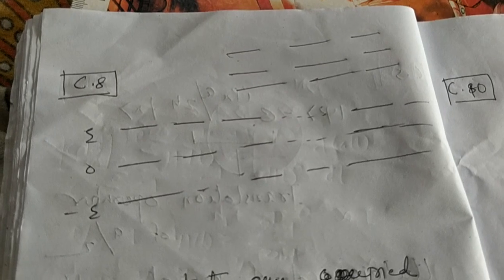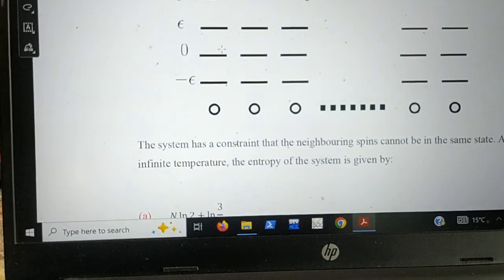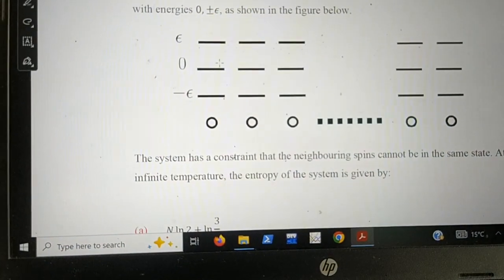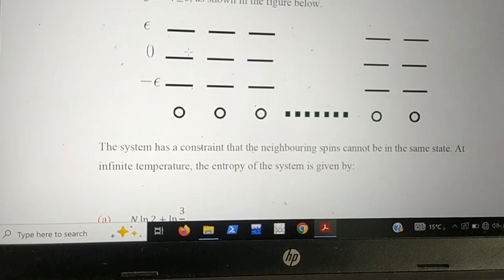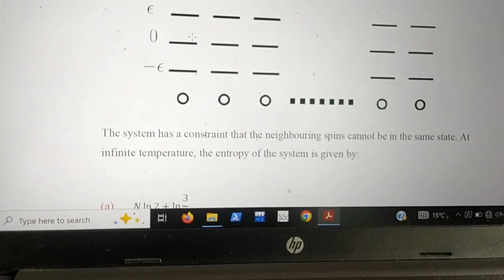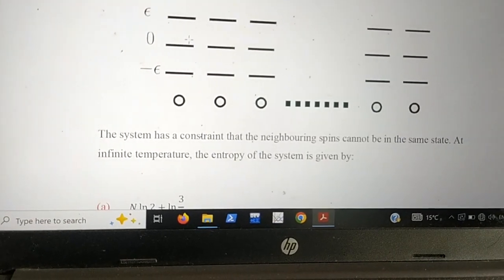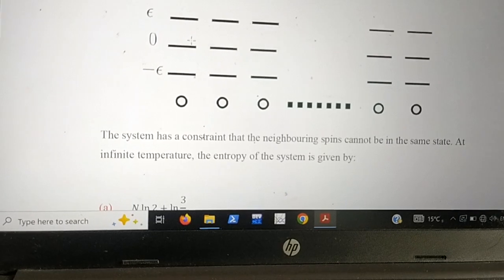Just calculate, for example, and you get the expression. Why is it 2 to the power n minus 1? Because there is a constraint here: the system has a constraint that neighboring spins cannot be in the same state. That reduces one possibility, that means n minus 1 actually, otherwise it would be 2 to the power n.